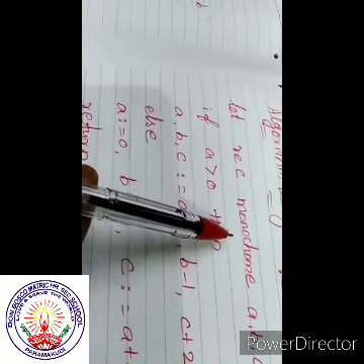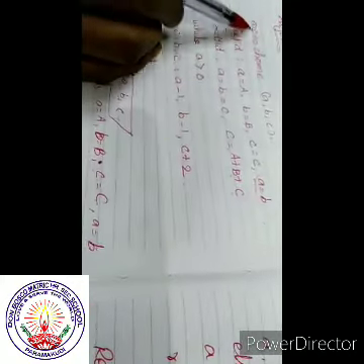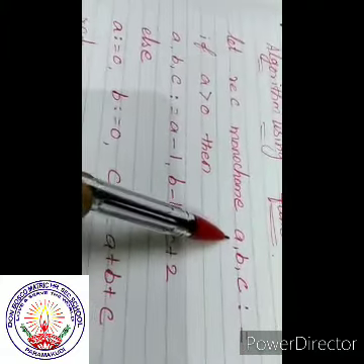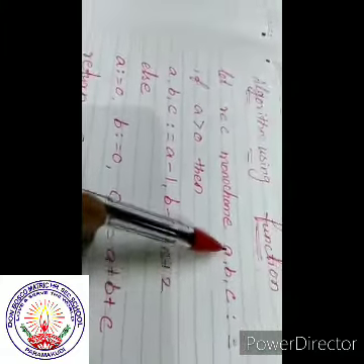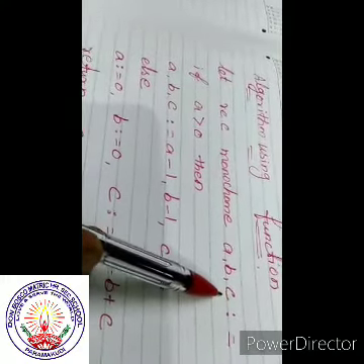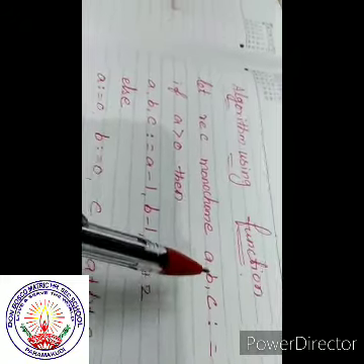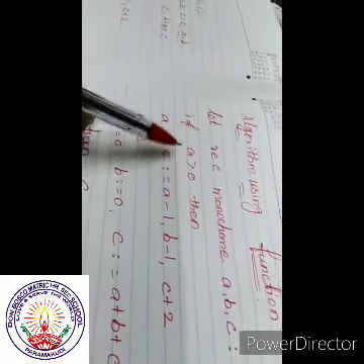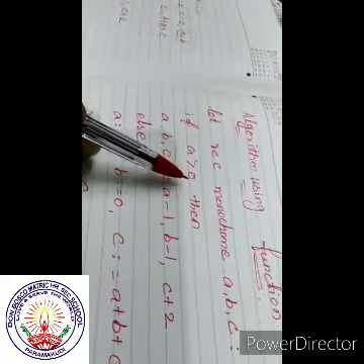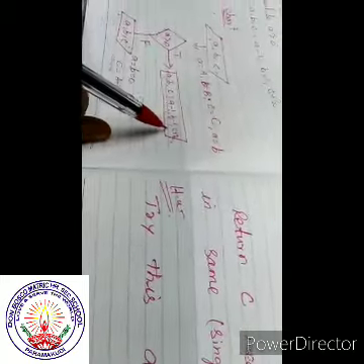Then the algorithm name, monochrome. So the function name is monochrome, and we take 3 arguments: a comma b comma c. Condition checking: if a is greater than 0, what process goes on? A minus 1, b minus 1, c plus 2.